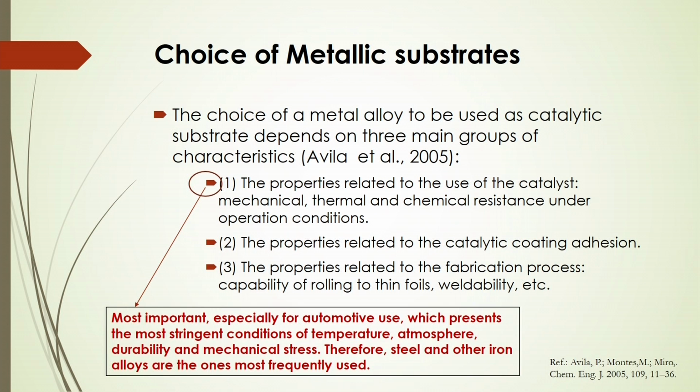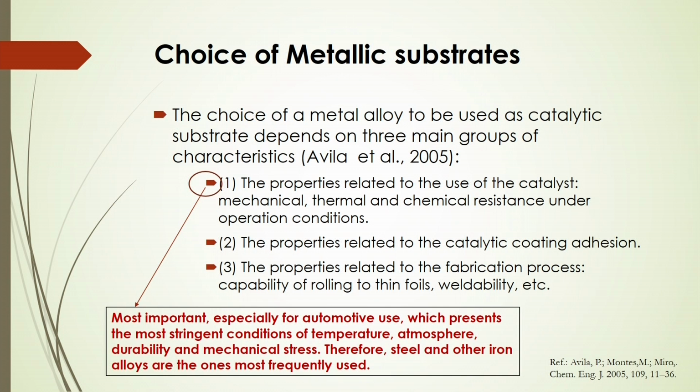Now, how to source these metallic substrates to prepare the monolithic metallic structure or catalyst. In this case, the choice of a metal alloy to be used as catalytic substrate depends on three main groups of characteristics as per Avila et al. 2005. First, the properties related to the use of the catalyst, like mechanical properties, thermal properties, and chemical resistance under operational conditions.